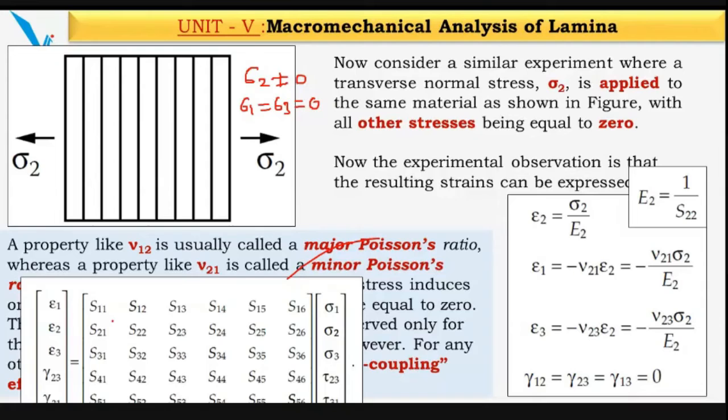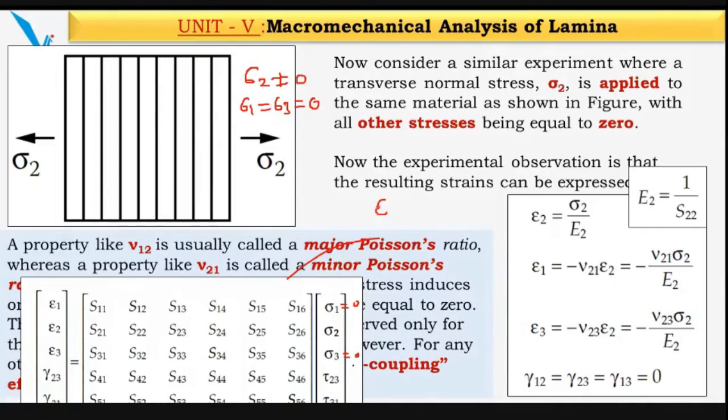Because all other components are 0, I will get ε_1 equal to S_12 into σ_2. Epsilon 2 will be S_22 into σ_2.